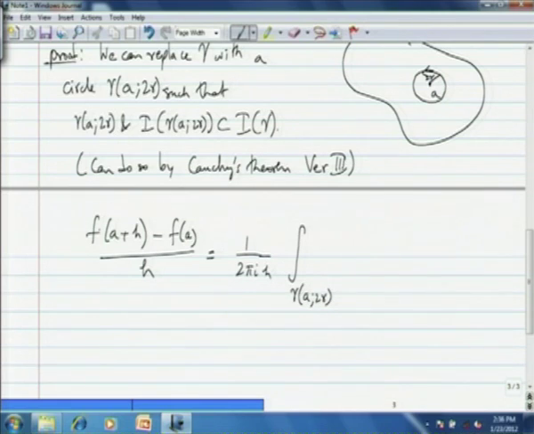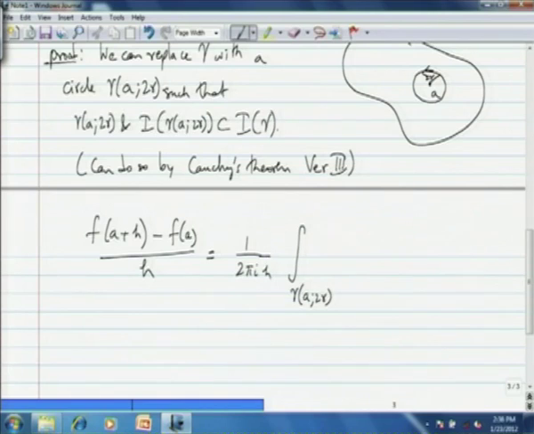I am going to apply Cauchy's integral formula for f(a+h), that will give me f(w)/(w-a-h), and then I am going to apply Cauchy's integral formula for f(a), that will give me f(w)/(w-a), all this times dw.